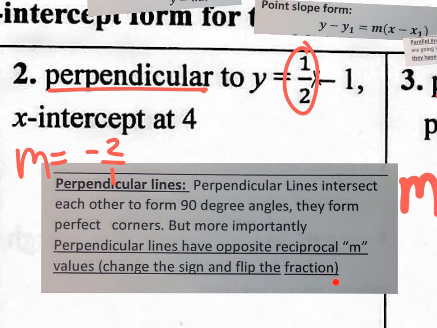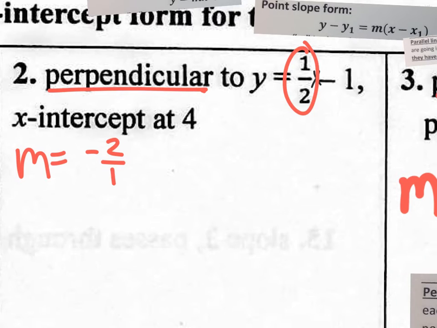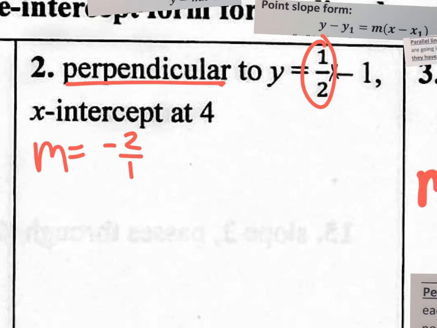They change the sign and flip the fraction. So if you change the sign of the 1/2, it becomes -1/2, and if you flip it, it becomes 2 over 1. So your actual slope of the equation that you want to write is -2 over 1, which is also just known as -2.